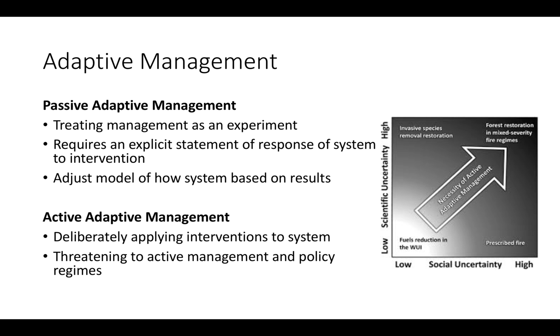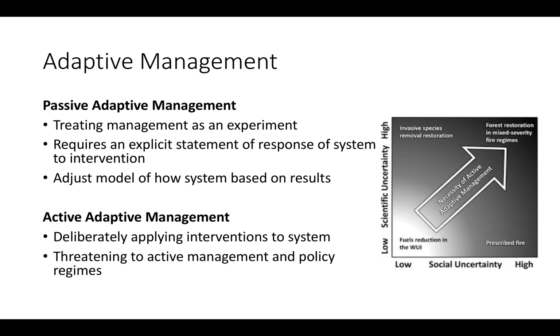The reading also makes a really good distinction between passive adaptive management, active adaptive management, and strategic adaptive management. When we talk about or read about adaptive management, usually it's referring to passive adaptive management. It's managing with the thinking of adaptation or being adaptive in mind, but it's not being experimental in its approach.